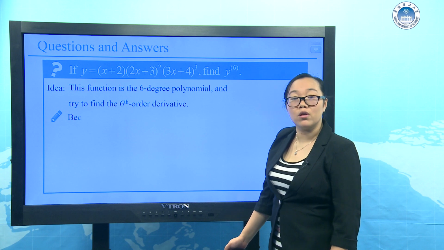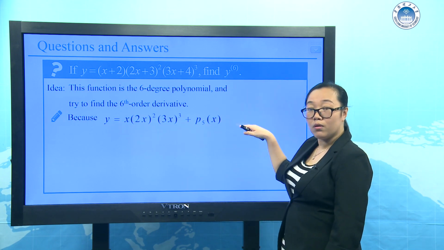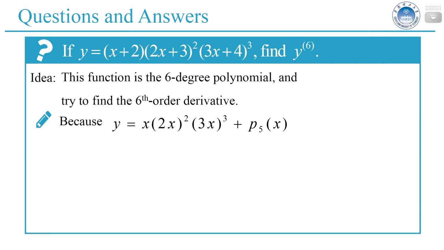So our original y equals this expression. Write it in this form. It is our 6th degree term: x times (2x) squared times (3x) cubed, plus the 5 degree polynomials. And then we can get the corresponding 108 x to the 6th power plus 5 degree polynomials.